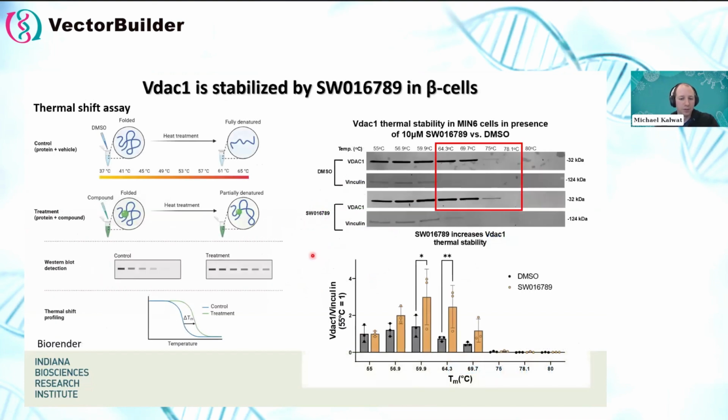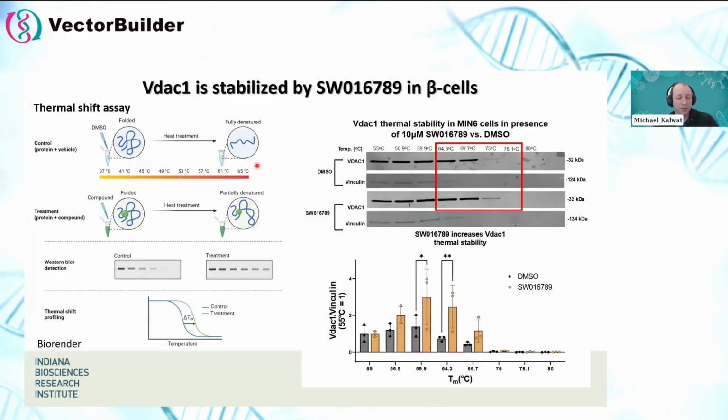So that wasn't enough, though. We needed some alternative ways to validate this protein as a potential target. So we turned to the thermal shift assay. The way this assay works is you incubate your cells with vehicle or your compound, and you put the cells in a strip tube in a PCR thermal cycler.